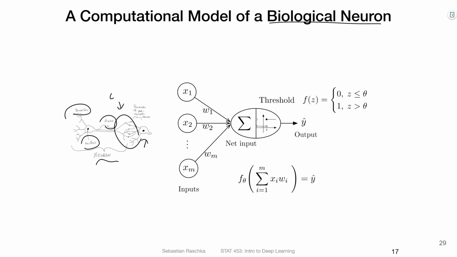Here, there are some chemicals that send signals from this neuron to the next neuron. However, we are not doing the same thing in our computational model. As I told you, we are just combining this input vector with the weight vector, and we do some thresholding to get the binary output. That was our computational model.